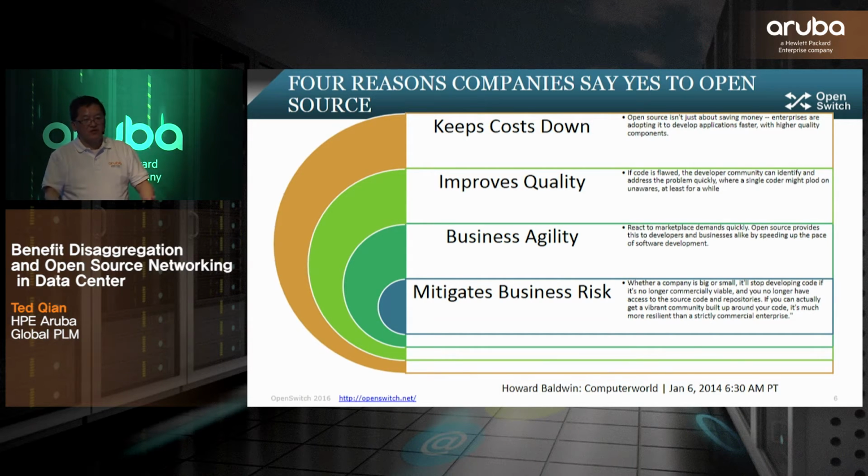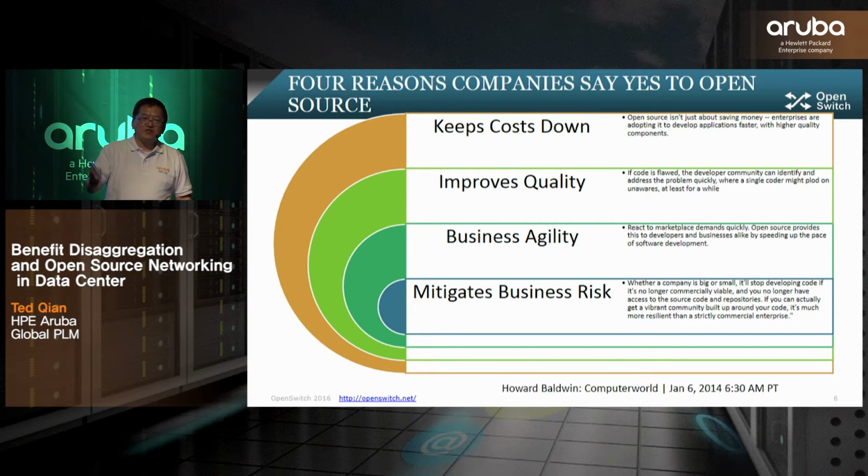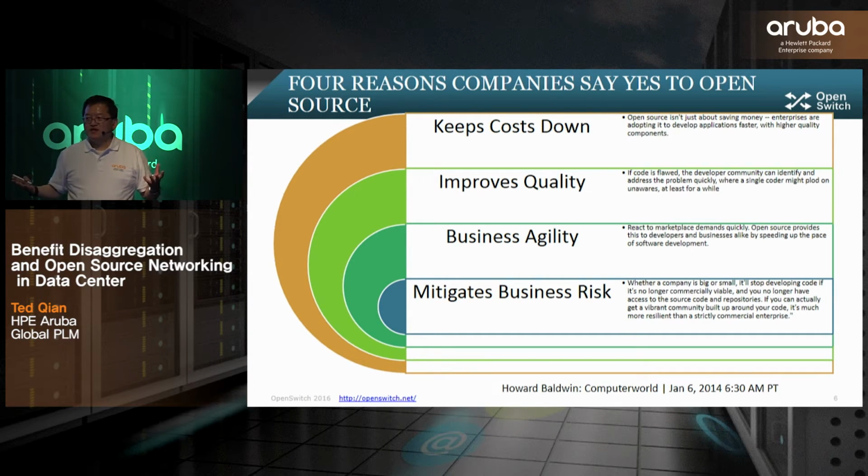Everybody can go there, take a look, inspect the code. So I want to quote a famous guy, the father of Linux who invented Linux, Linus Torvalds, a Finnish guy. He once said, given enough eyeballs, all bugs become shallow. So what he's saying is that because of the larger community there, people looking at the code, it's difficult for a bug to stay there.